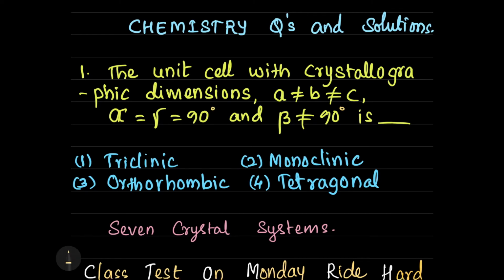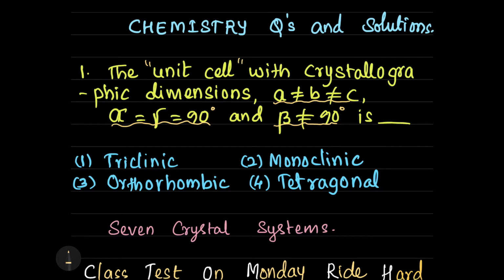We have to tell which unit cell is going to be formed by using these crystallographic dimensions. By the given data, you have to check which unit cell is going to be formed in this case.